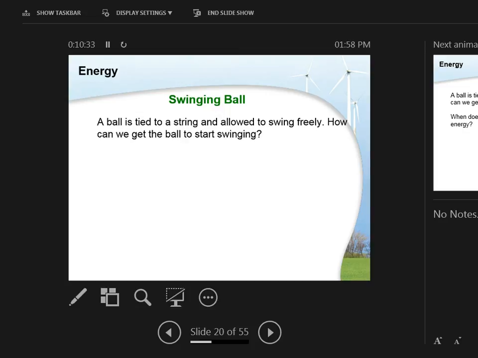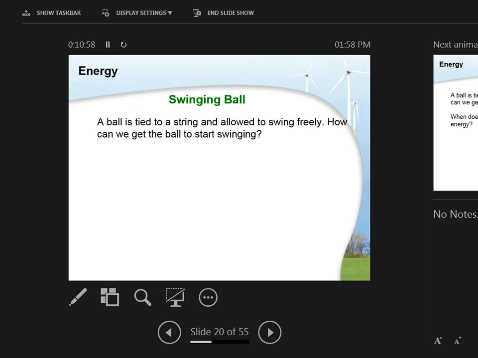When I push it to a side, what happens to its position of CG? Okay, so initially it was over here. So the CG is probably somewhere in the middle. When I push it to the side, what happens to the CG? Did it get higher or did it get lower? Get higher, right? So if the CG gets higher, what can you tell me about the gravitational potential energy?